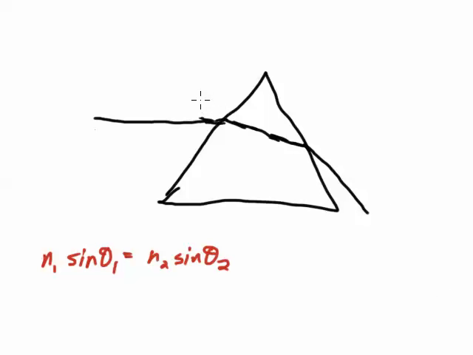The first time I'm going to have a perpendicular right there, so this will be theta 1, this will be theta 2, and the second time I'm going to have the perpendicular line right in there, and so we want the angle from the perpendicular to the ray on that side, and then from the perpendicular to the ray on that side. That's theta 3 and theta 4.